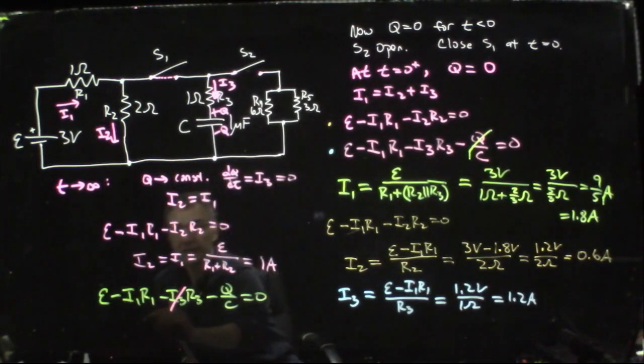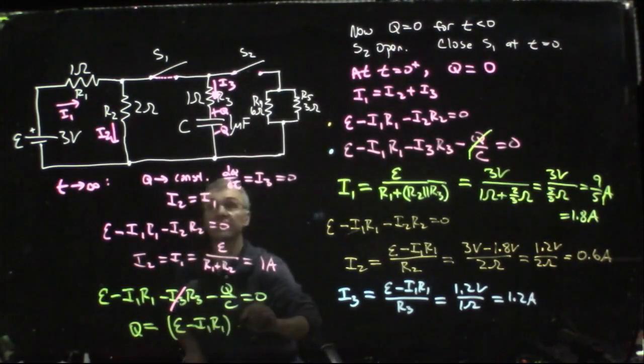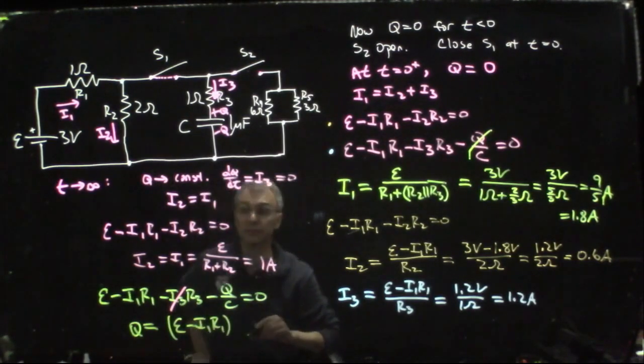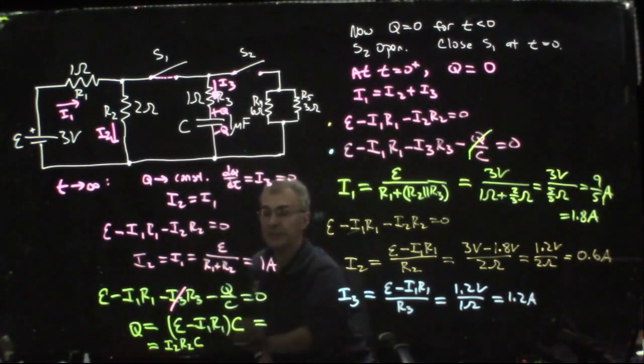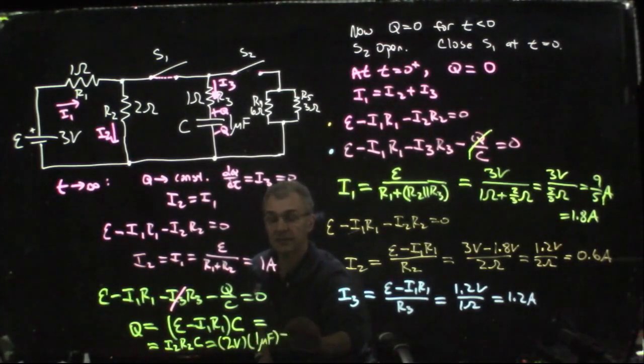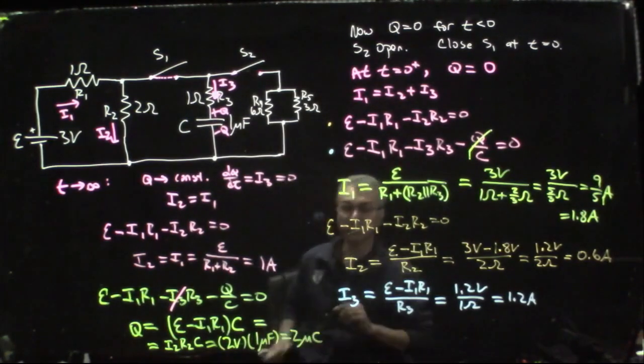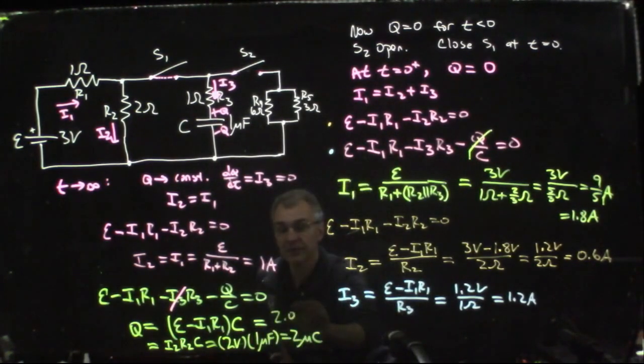So this gives us that the charge on the capacitor must be the battery EMF minus I1 R1, times the capacitance, which is the same thing as I1 R2 times the capacitance. So that would be the same thing as saying this is I2 R2 C, by the way. Maybe this version of it is easier. I2 is 1 amp. 1 amp times 2 ohms is 2 volts. So this is 2 volts times 1 microfarad equals 2 microcoulombs. 2.00 microcoulombs to 3 significant figures.